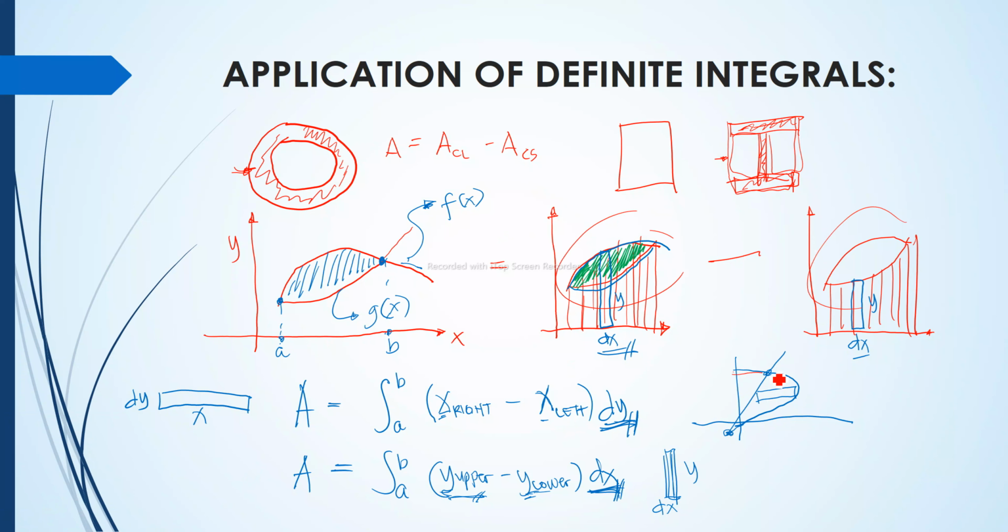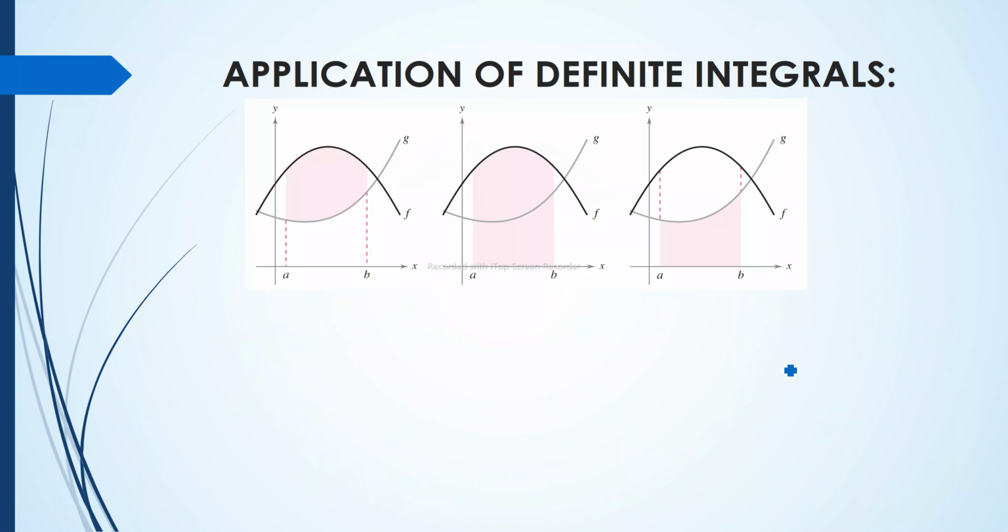Our upper limit is x right. The right one here is this one, so we have the x right, and then it is subtracted by the curve bounded on the left side. Then eventually we will get the area of the region bounded by these two curves.